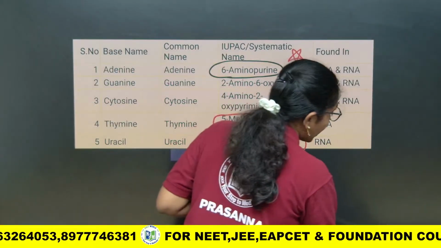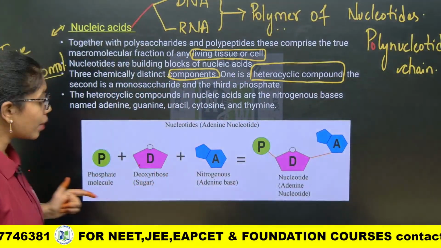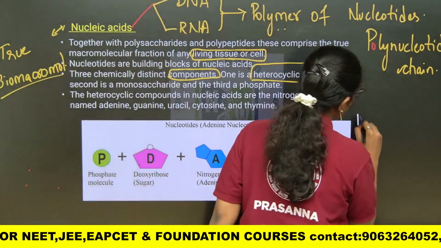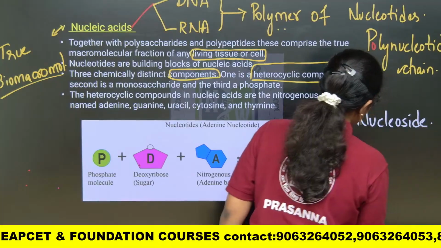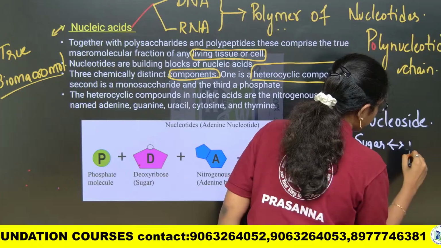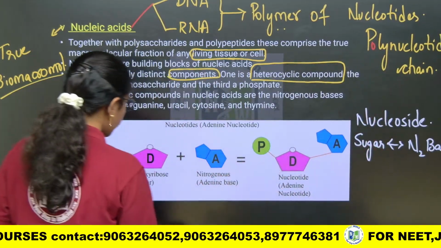So this sugar and nitrogen base will be linked to form what? Nucleoside. So how is a nucleoside formed? By linking sugar and nitrogen base. Here you look into it, beta.